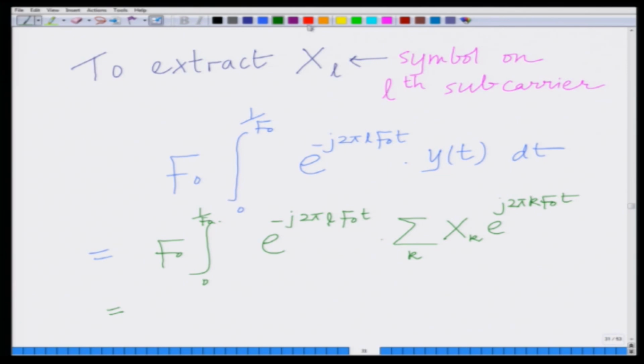Now, therefore, if I take the summation outside, I am going to have summation over k x_k times f naught integral 0 to 1 over f naught e to the power of j 2 pi (k minus L) f naught t dt.